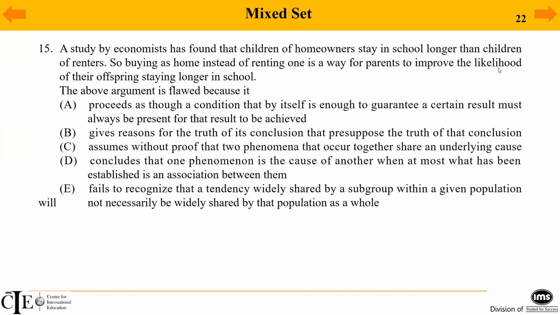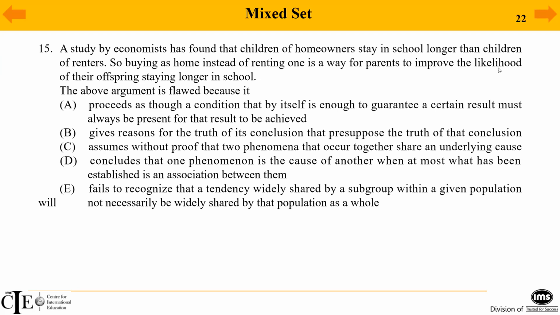No, but the argument is saying very clearly that it is one way for improving staying longer in school. So if it is one way, the argument is not believing that it is the only way. So the author is not trying to tell that it should always be present for the result to happen. So A is not correct. C is not correct. Now what is E saying? Fails to recognize that a tendency widely shared by a subgroup within a given population will not necessarily be widely shared by that population as a whole.